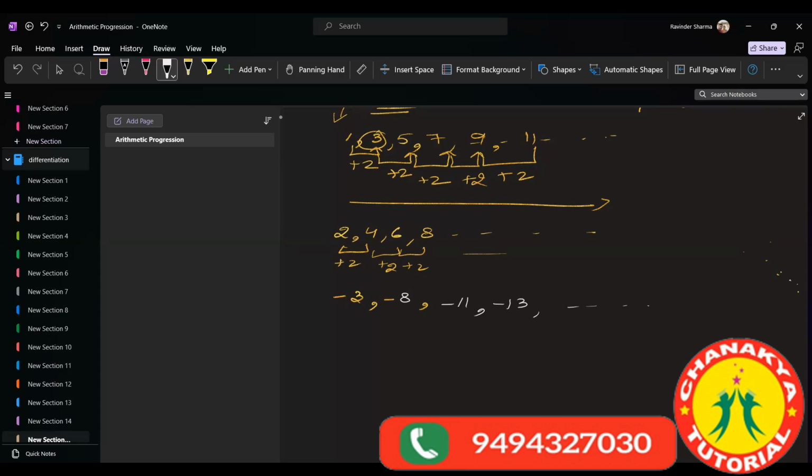Again, if you observe, the difference between -3 and -5 is -2, and adding -3 to -5, you get -8. Now adding -3 to -8, you get -11, right? So here, when you add -2 to -11, you get -13. So here the difference is not the same. Therefore, this is not an AP.